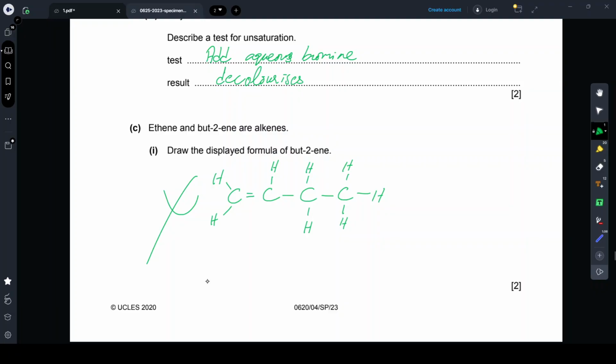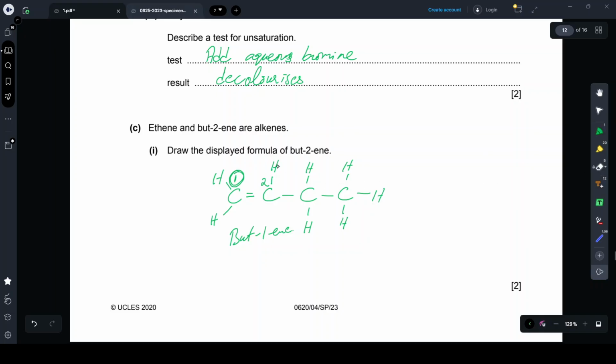There will be 3 carbons written at first. It is wrong. Why is it wrong? Because you number it from the closest end, right? So this is carbon 1, this is carbon 2. So you'll number it 1, not 2. So this will be but-1-ene. But means there will be 4 carbon atoms in the chain, and the double bond starts at the second carbon atom.